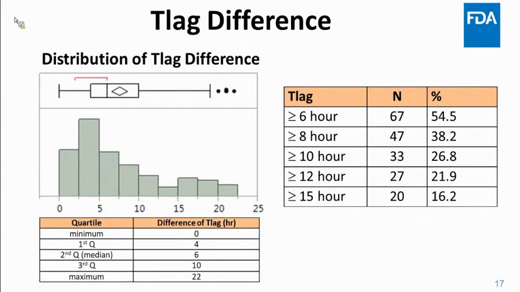The distribution of the Tlag difference between test and reference is summarized in this table. It indicates more than 50% of subjects have a Tlag difference of more than 6 hours, and 26.8% of the subjects had a Tlag difference of more than 10 hours.